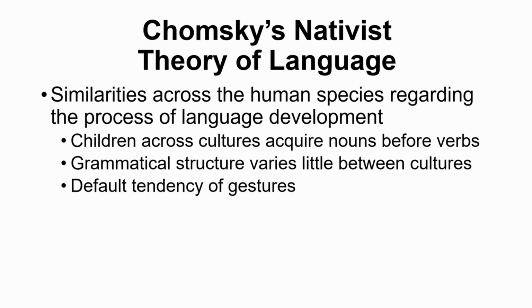So they might have a rule about does the noun come first or does the verb come first? And the fact that some will say noun first and some will say verb first isn't really concerning because they all have a rule about how they should relate to one another. So the specific application can change depending on the language, but the overarching existence of rules is what we care about here.